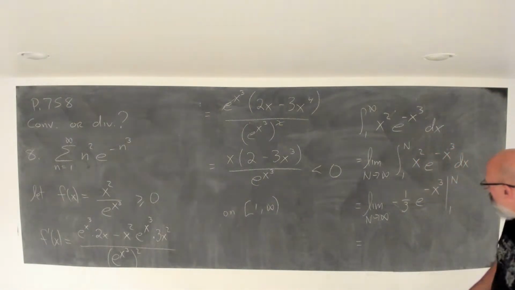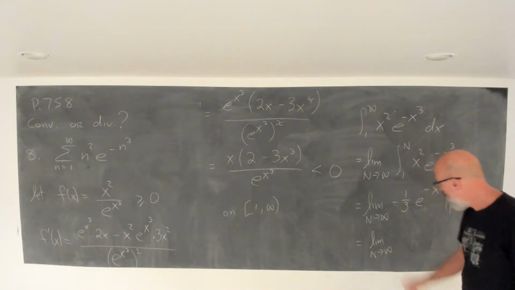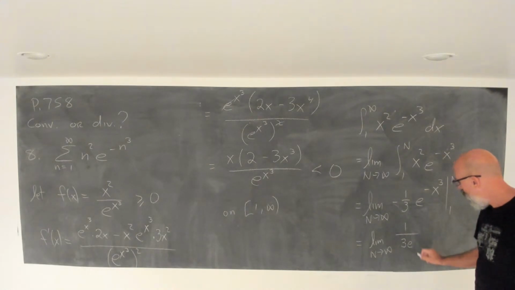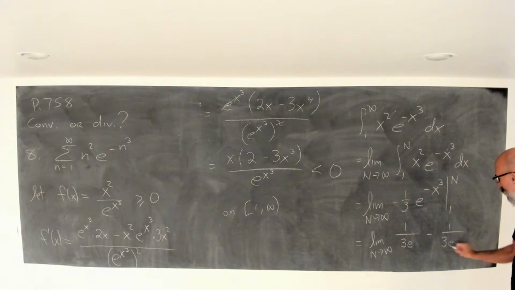And so this is 1/3e minus 1/3e to the n cubed.